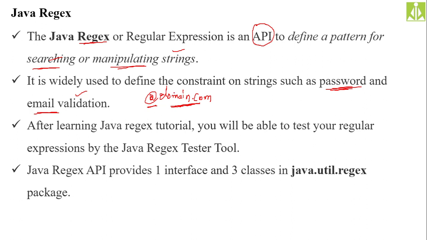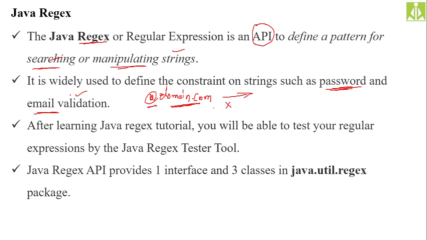Then how are you going to check for this? We are going to write a regular expression for this. If the entered string satisfies the regular expression, then only we make the entry into the database as an email ID. If the string you are entering does not satisfy the email ID regular expression, we simply block that entry into the database or into the file, and we request the end user to make the entry again.